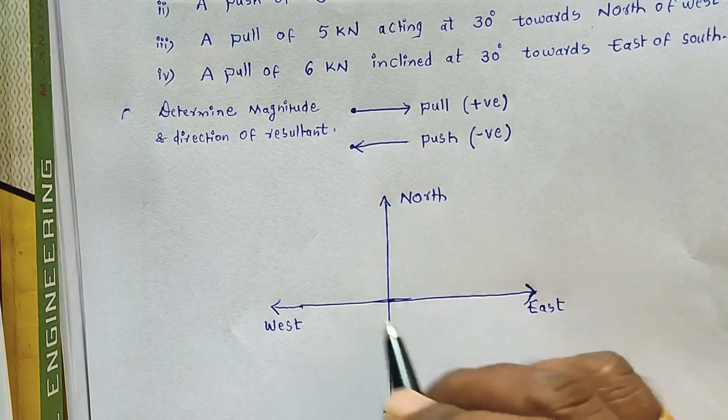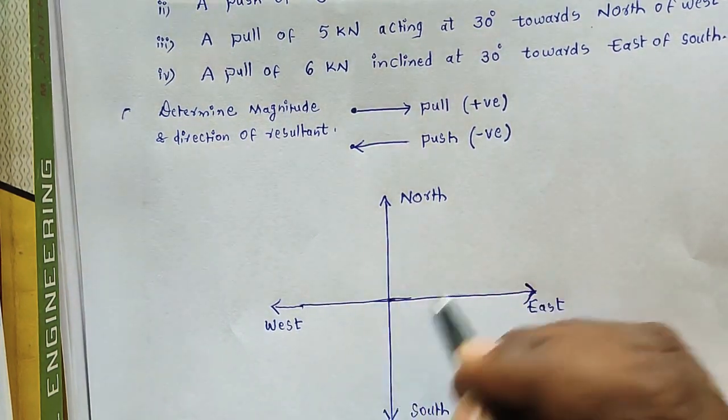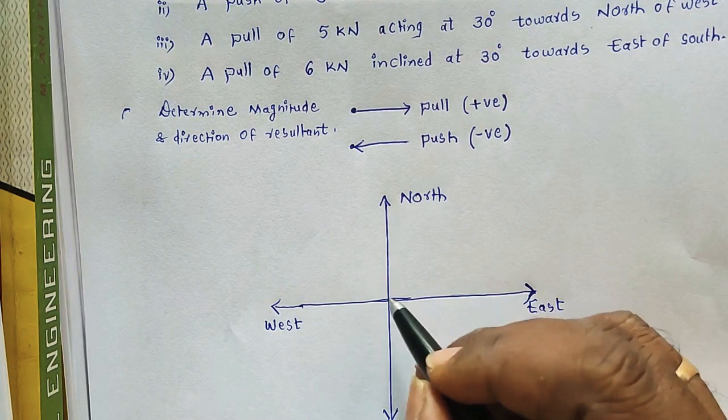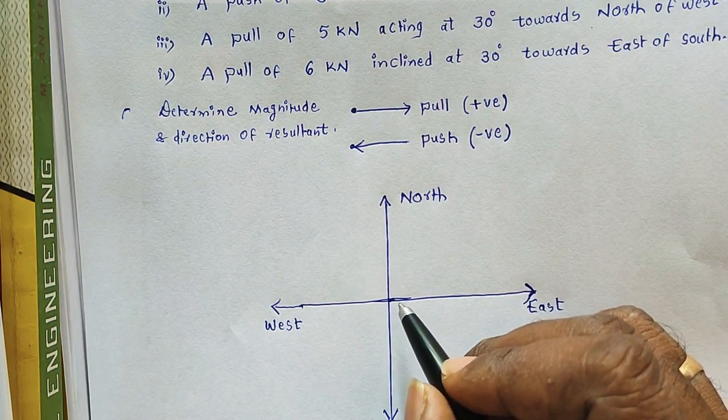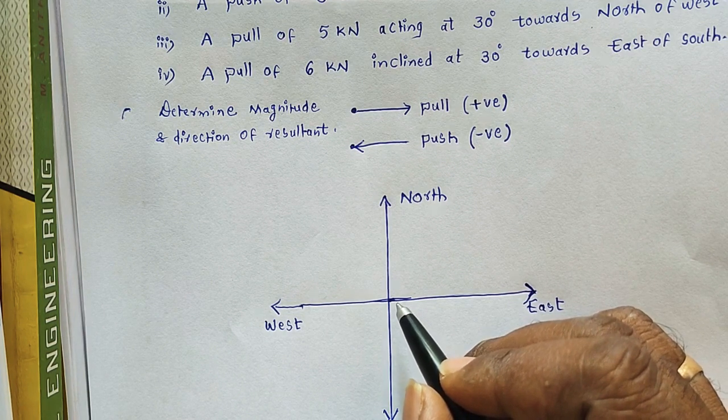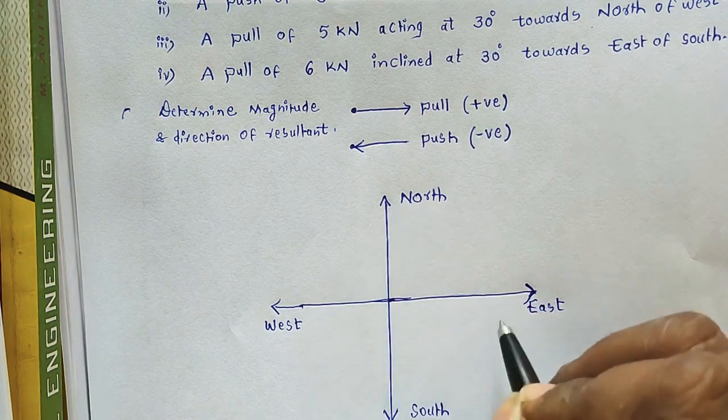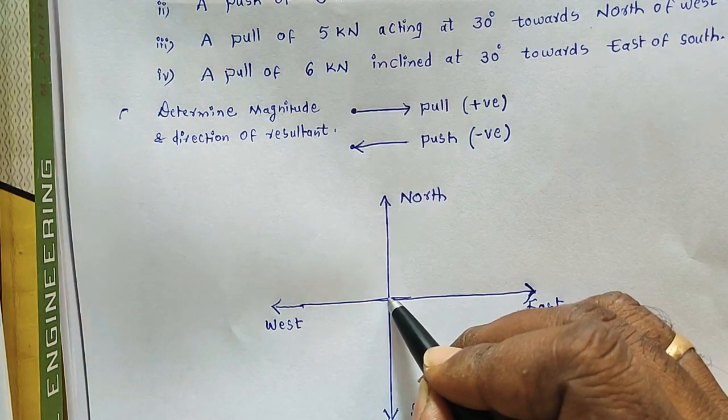Northeast: this is east, north, west, south. Northeast means if any force acts exactly in the middle between north and east, then it is called northeast.